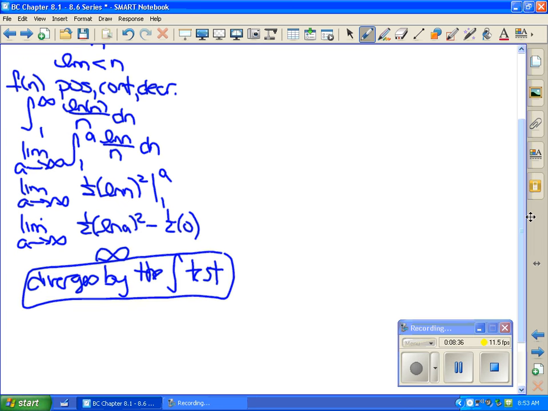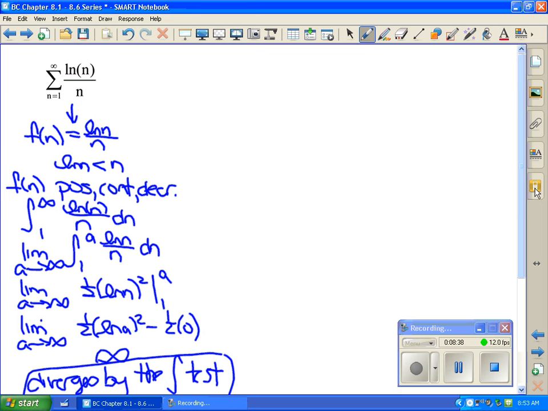Now, a second one is to use this quantity that I wrote here. So one thing you want to remember is that we came up with this inequality: 1 is less than the natural log of n, which is less than n. So here, if I divide everything by n, I'm looking at 1 over n is less than ln of n over n, which is less than 1. And we can try to do a direct comparison test.